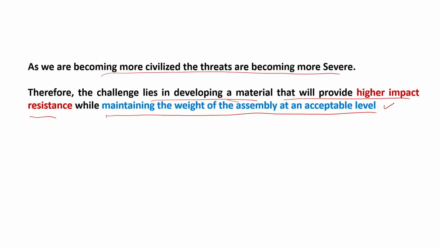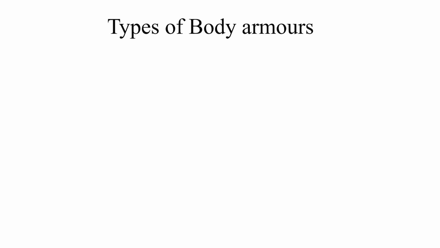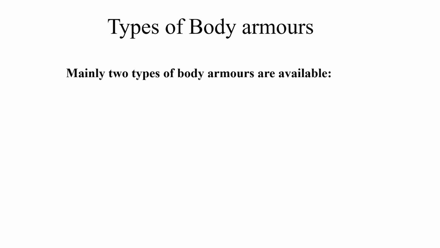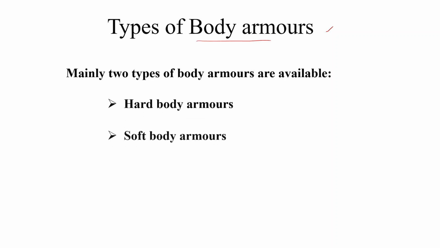Lower weight and high impact resistance was the basic idea for developing the next generation of material. Body armors were developed mainly in two types that we have already mentioned: hard body armor and soft body armor.